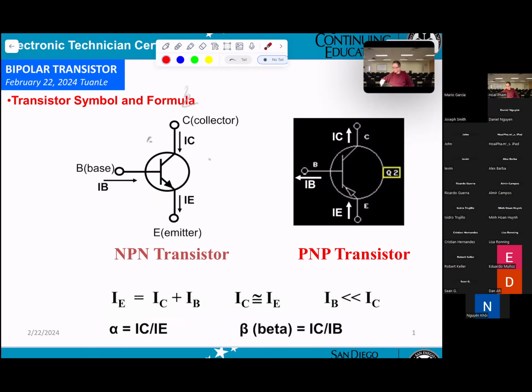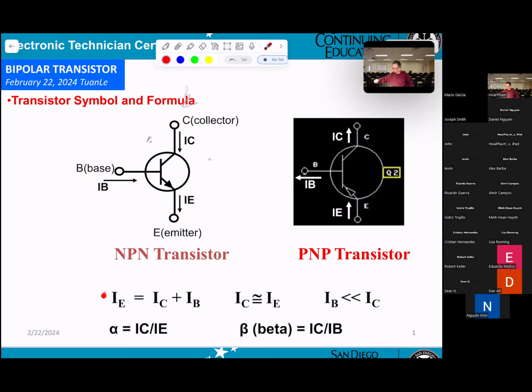The one here we call the base, and it gets a current IB coming in. Collector here, current IC going in. Emitter, IE leaving. On the PNP it will be opposite: IB leaving, IC leaving, IE coming in.